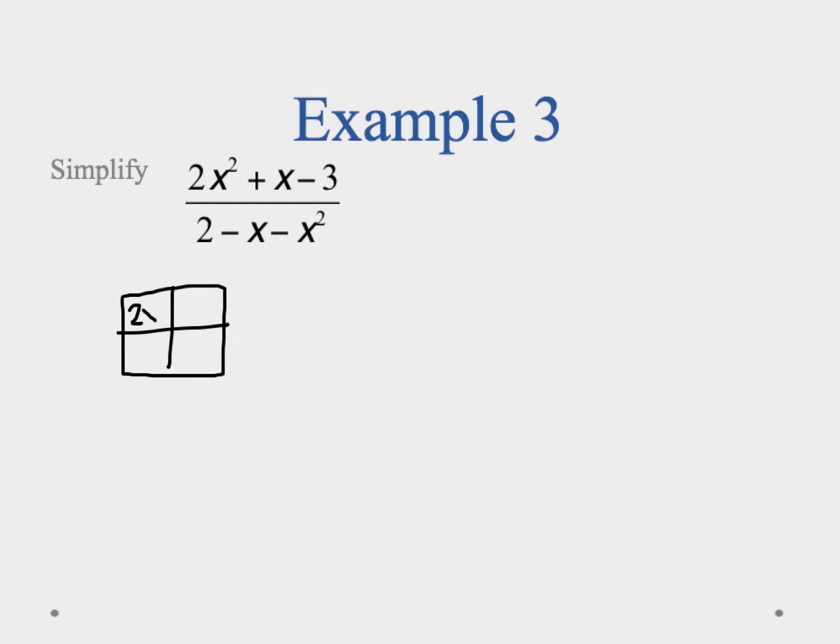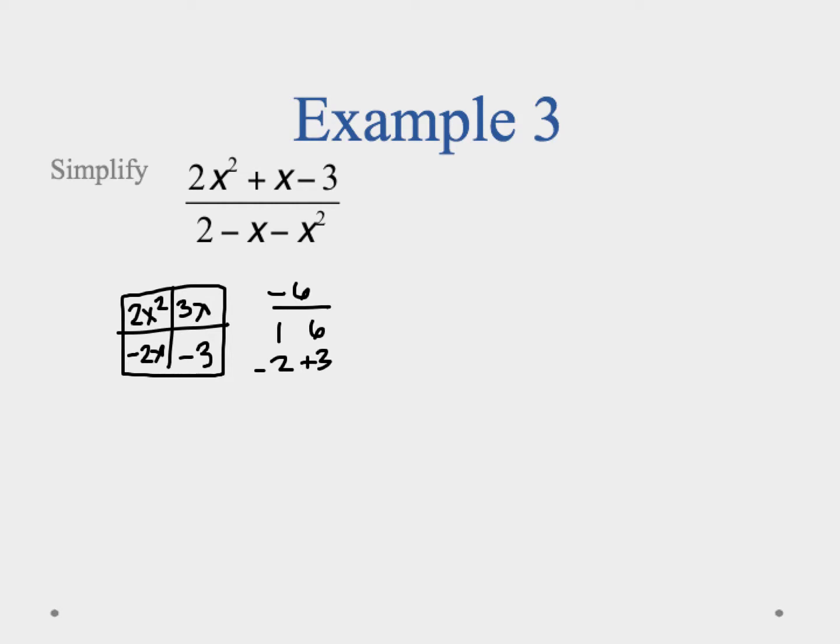So 2x squared, and I have negative 3. So 2 times negative 3 is negative 6. 1, 6, 2, 3. Okay, 2 and 3 work. I need a positive 1. So my 2 is going to be negative and my 3 is going to be positive. 3x and a negative 2x.